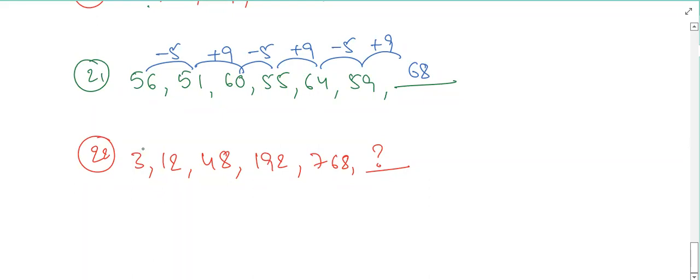Logic, sir: multiplied by 4, into 4, into 4, into 4, into 4. Are these numbers correct? Or is there any mistake? If any mistake, just let me know. Okay, right. Into 4 times, 3072. Yes, sir.